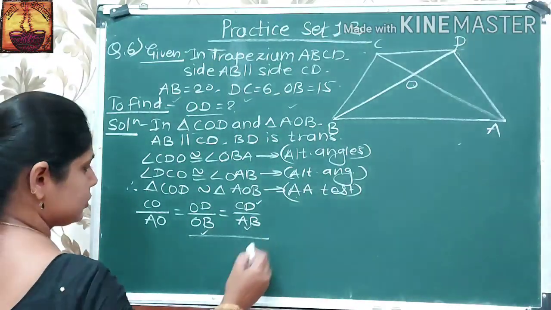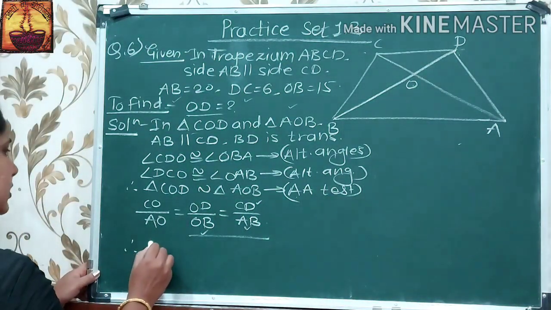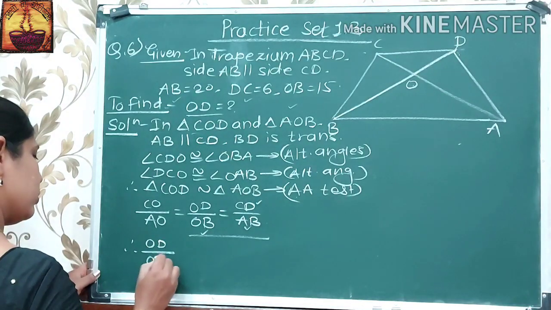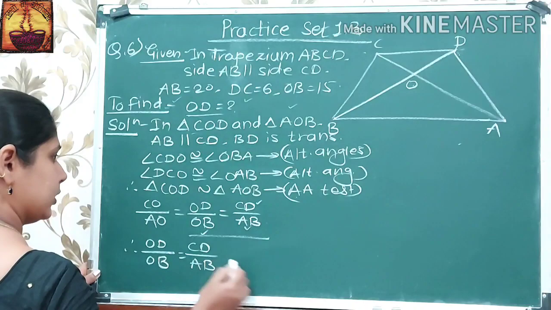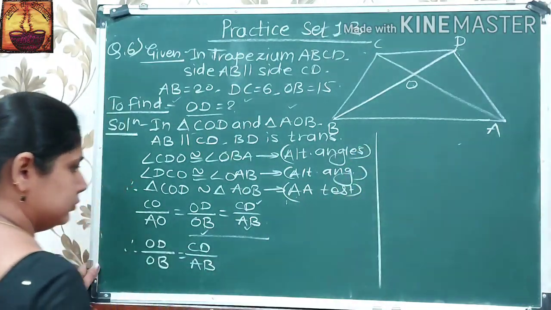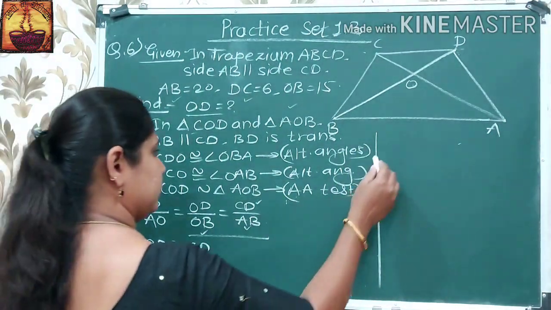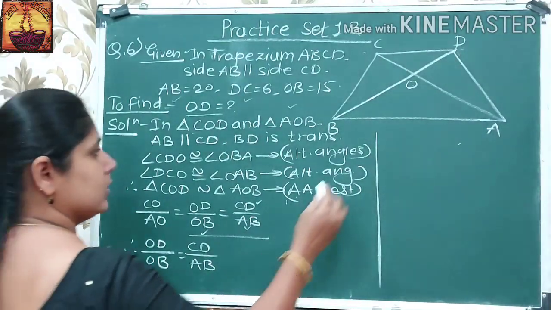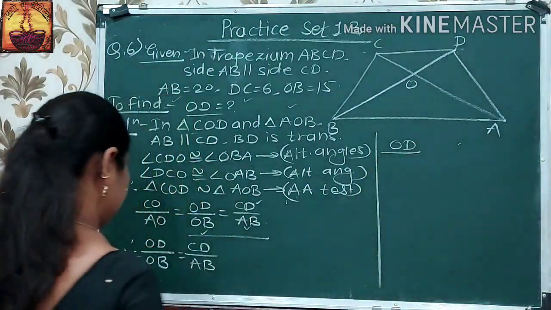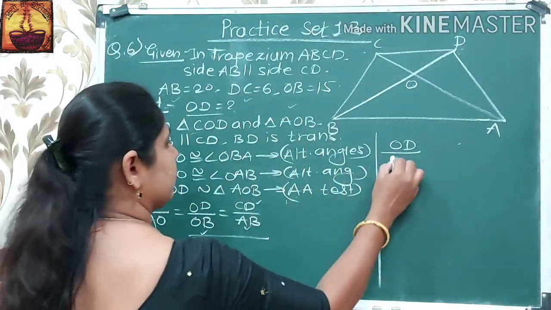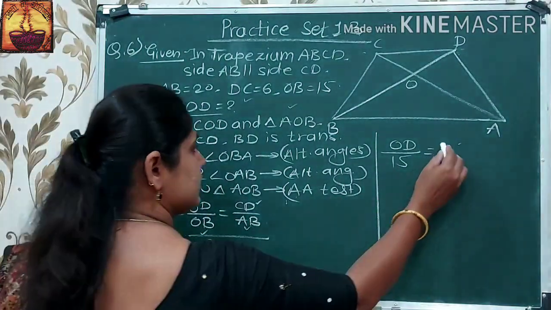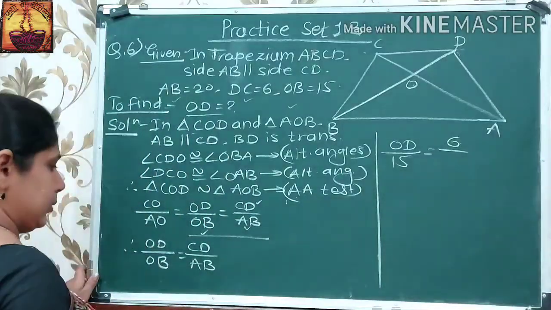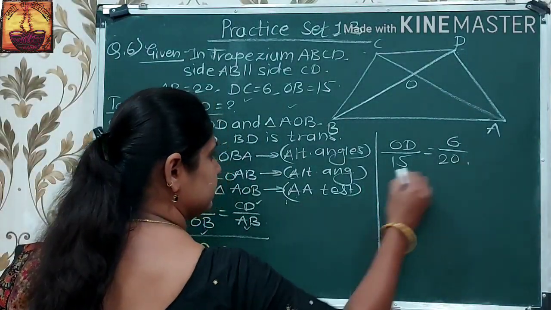Therefore, we take these two proportions, OD upon OB is equal to CD upon AB. Now, putting in the values, OB is 15, CD is 6 and AB is 20.